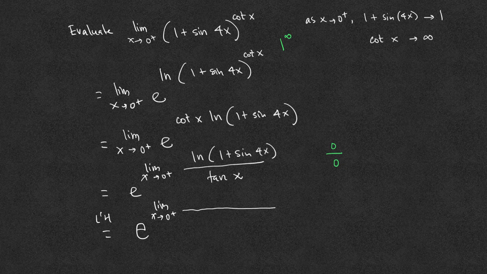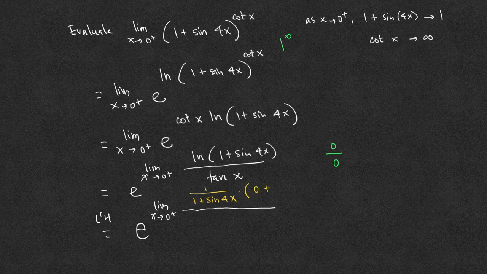Using the L'Hopital rule, we differentiate the numerator and the denominator separately. In the numerator, the derivative of ln is 1 over the argument of ln, which is 1 plus sine of 4x. We then multiply by the derivative of the argument of ln. The derivative of 1 is 0.